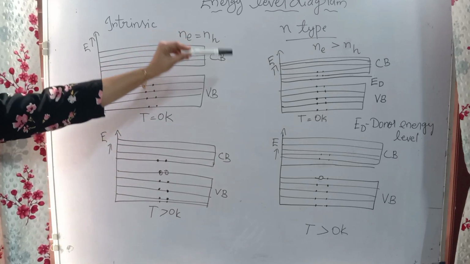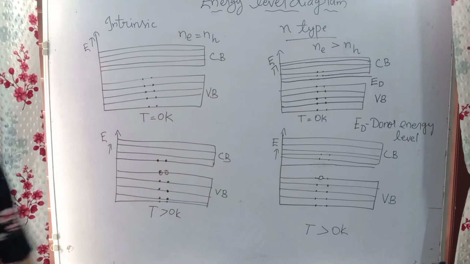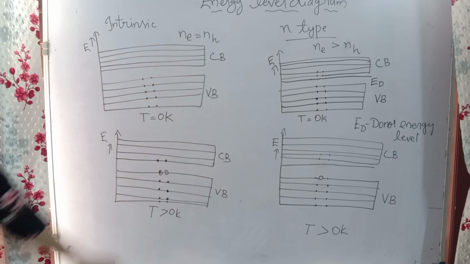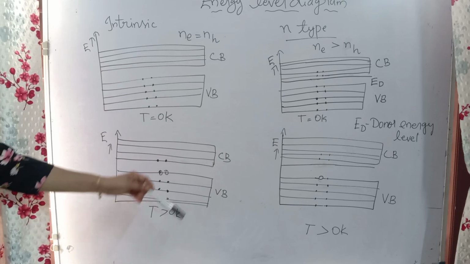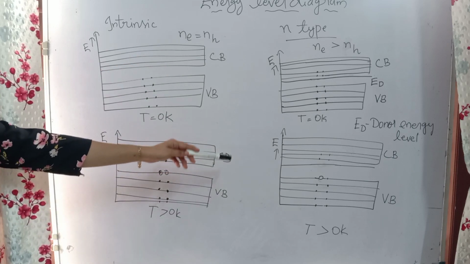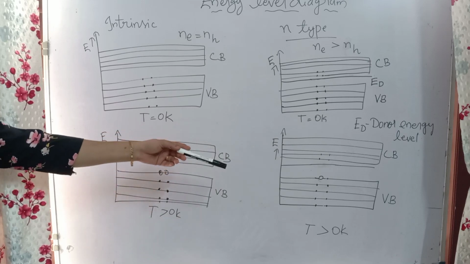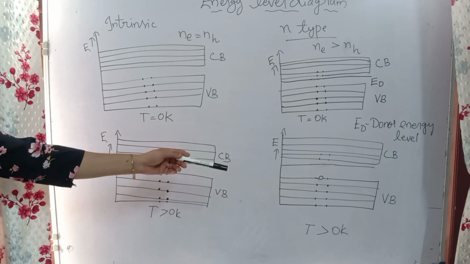Then you also have to show here, near to the conduction band, just below the conduction band, we have to draw one more line, that is the donor energy level. Due to that we are getting the electrons in the conduction band. In a similar way we can draw the same n-type semiconductor at more than 0 Kelvin, because when the temperature is increased, some electrons will move to the conduction band, leaving a hole there.